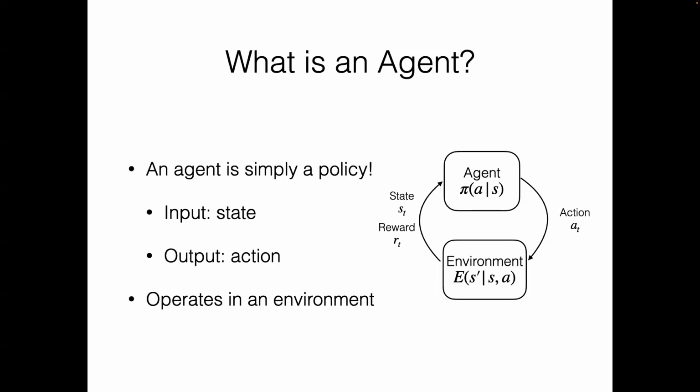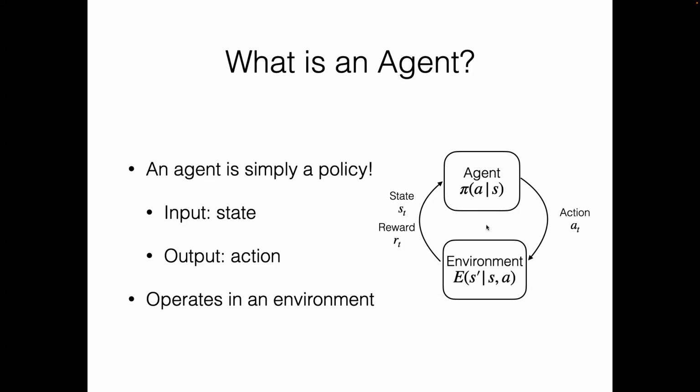For example, if you have an agent that's trying to play Atari games, then it has to operate in an environment with the Atari system. Similarly, let's say you have an agent which is doing stuff on the internet. Then without some notion of an environment that means actually interacting with the internet, it's a kind of meaningless agent.